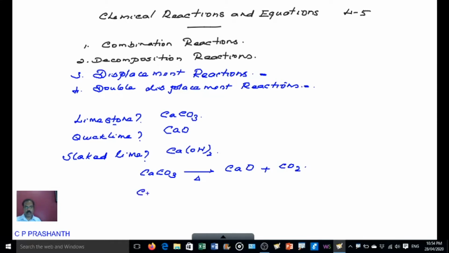Now, if you want to convert quicklime to slaked lime, what do you do? You add water. So calcium oxide undergoes a combination reaction to produce calcium hydroxide. So the first reaction is decomposition and the second reaction is a combination reaction.